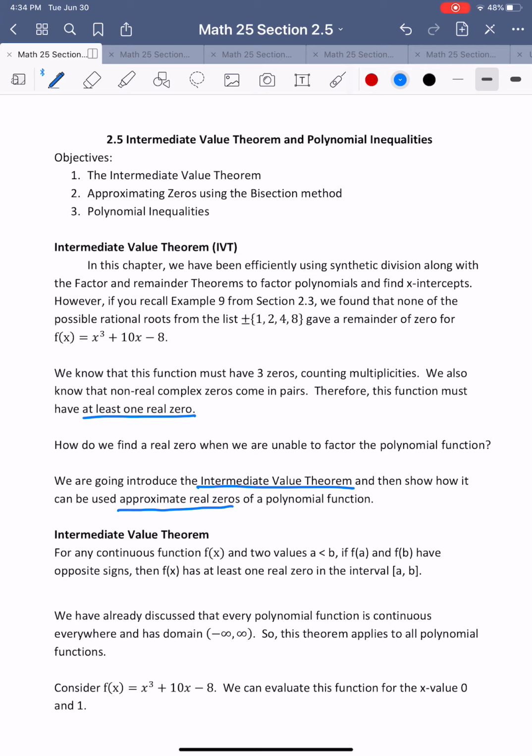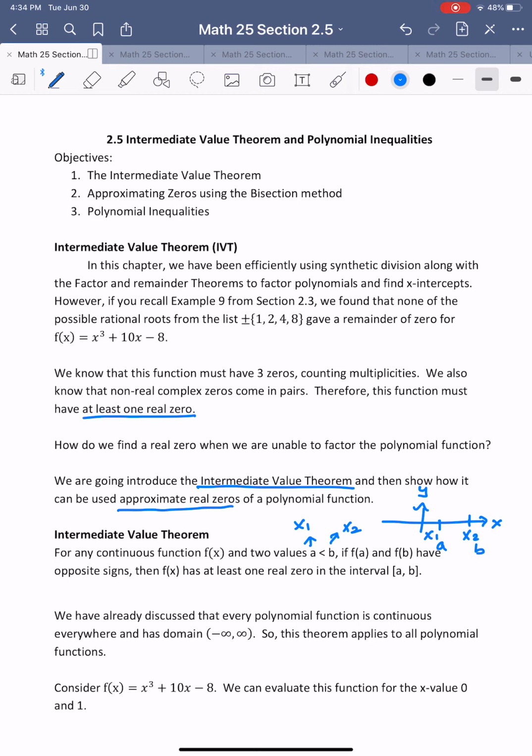Intermediate value theorem: for any continuous function f of x and two values a less than b, where a and b are two numbers on the x-axis, x1 and x2, so it's x here and y here. This is x1 and this is x2, and we call them a and b.